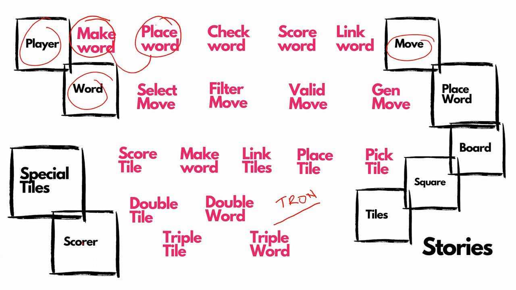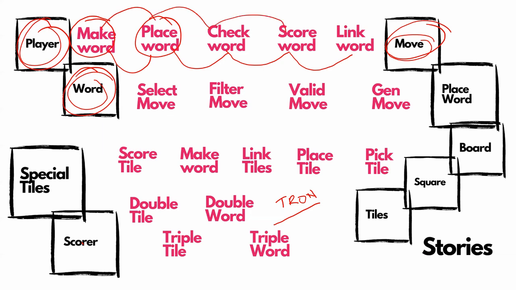They place that word on the board. When they place the word, it is checked. If the word is valid, the word is scored. And then that word becomes the link, a possible link to other future words that everybody else can play, right? So who does this? The players and words together make a move, and that move essentially involves these behaviors.